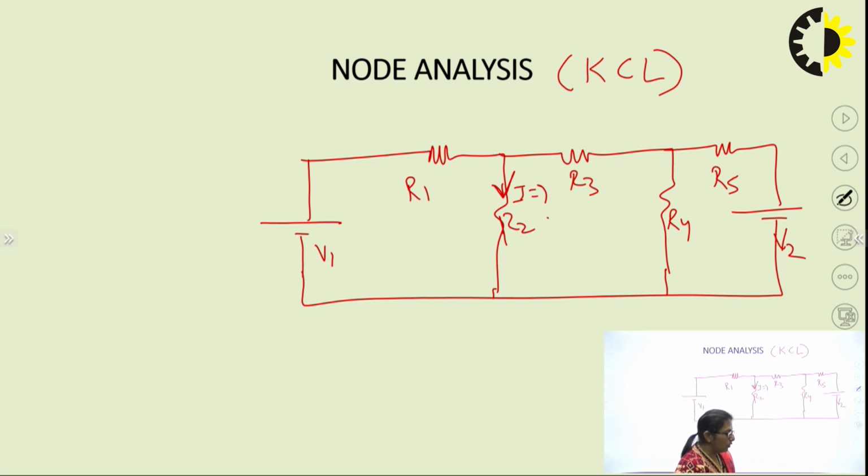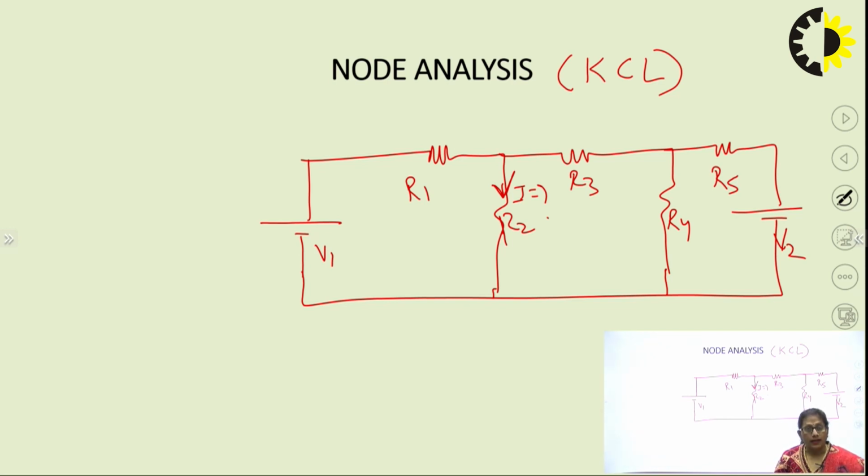As we did in the case of mesh analysis, we will follow the same process. In mesh, how did we start? Identify the number of meshes. Here, I will identify the number of junctions. A junction is the node, or the point in the network where 3 or more branches meet.